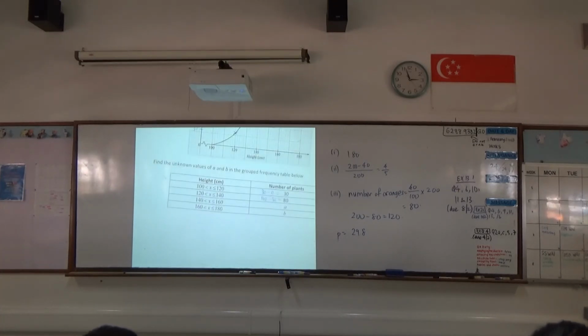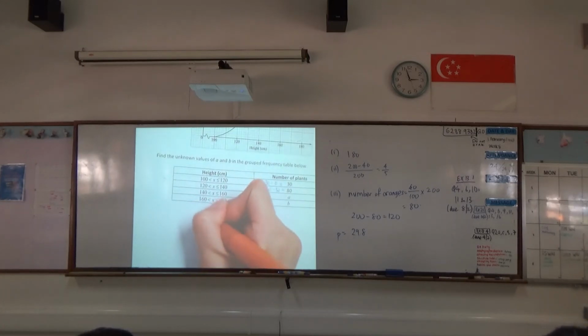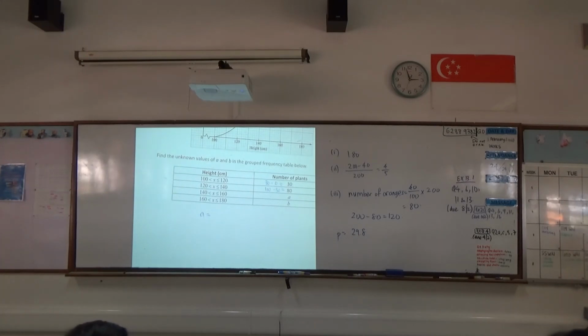Therefore, what would the value of A actually be? Charmaine, what is your value of A going to be? How do you get 45? 155 minus 80 minus 30.